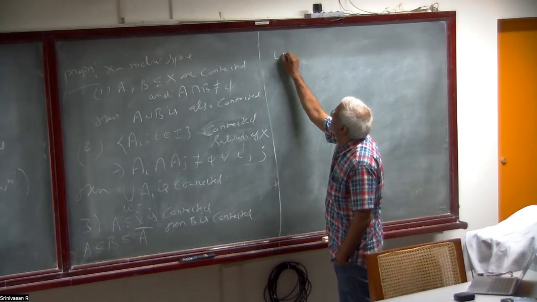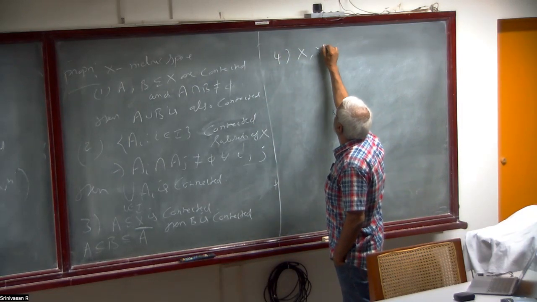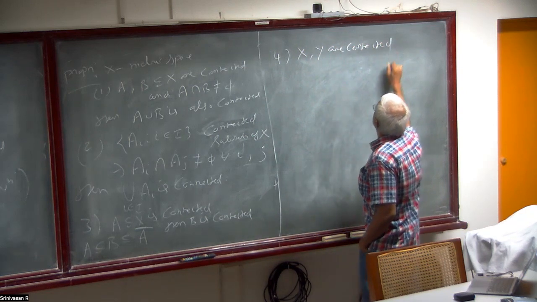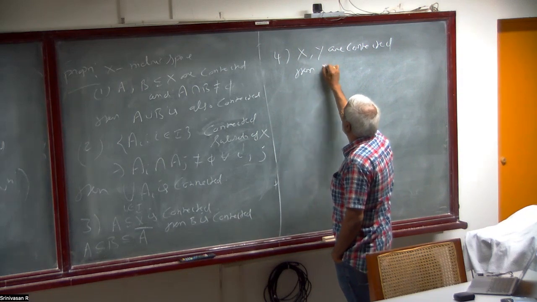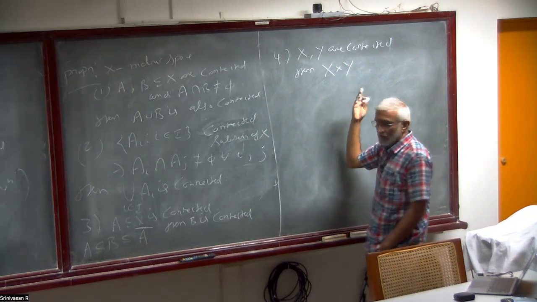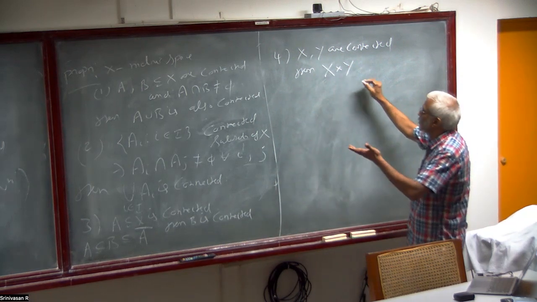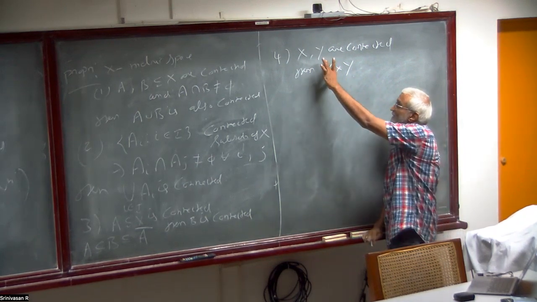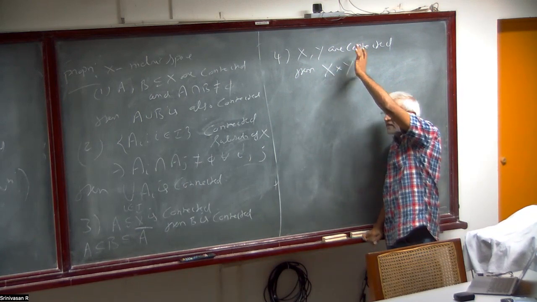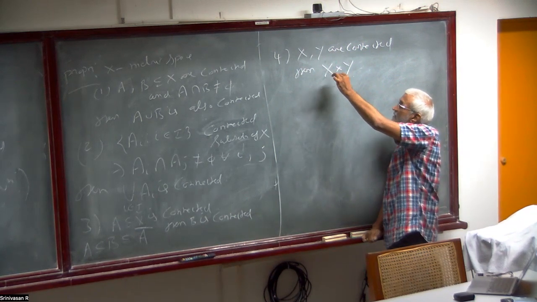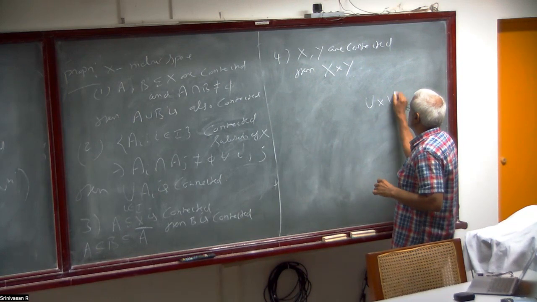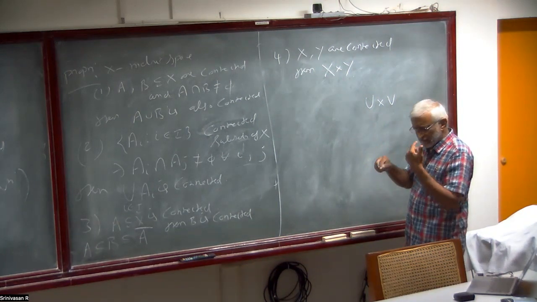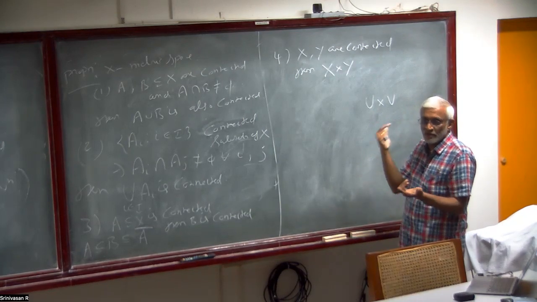And the fourth one is: X, Y are connected metric spaces. Then you can take the topology generated by U cross V. If you have a topological space X and a topological space Y, then you take all those sets of the form U cross V, take finite intersections and arbitrary unions.